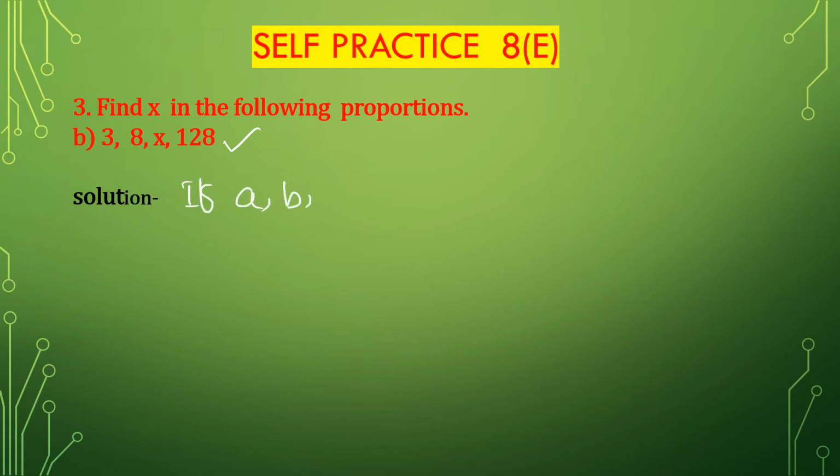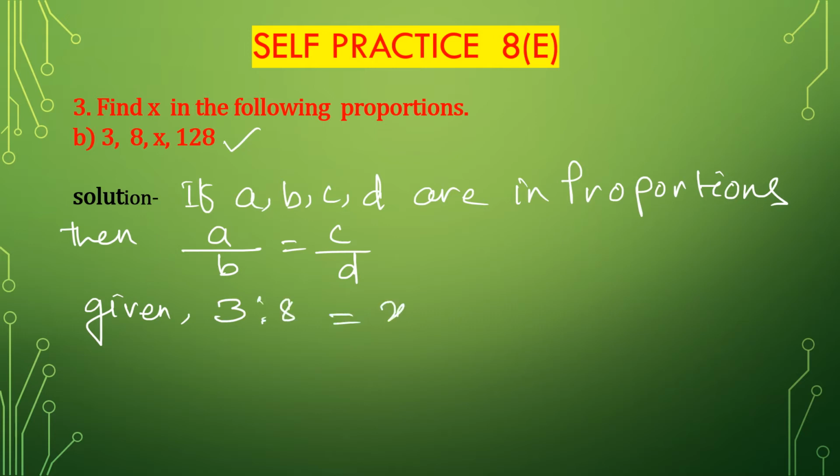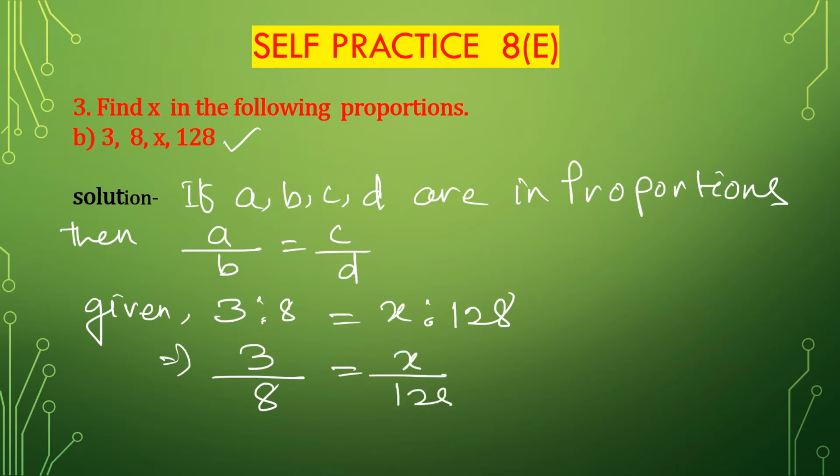If A, B, C, D are in proportion, then A is to B is proportional to C is to D, that is, A divided by B is equal to C divided by D. Given 3 is to 8 is equal to x is to 128. 3 divided by 8 is equal to x divided by 128.